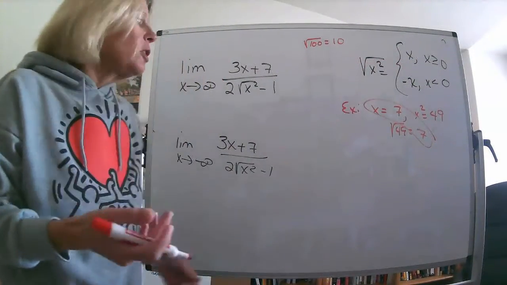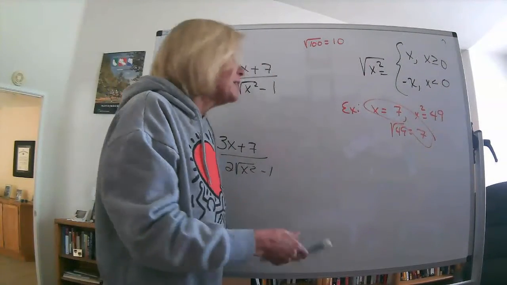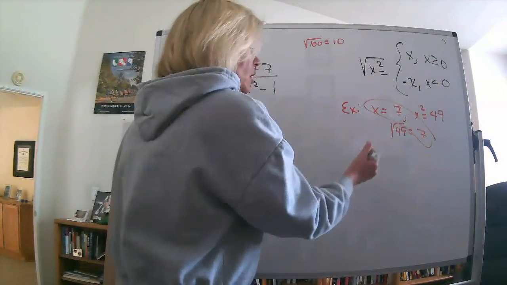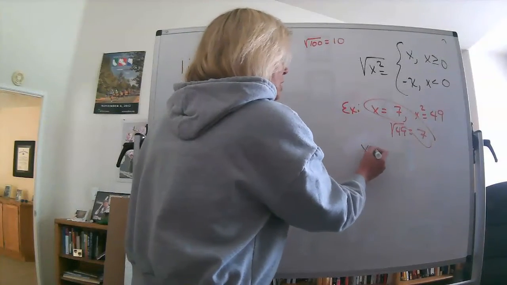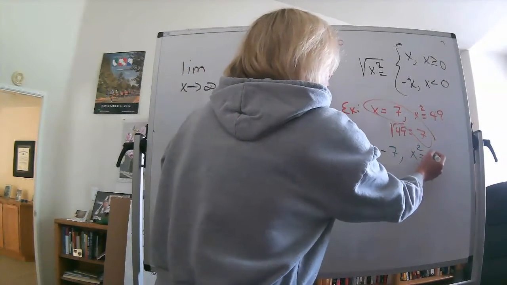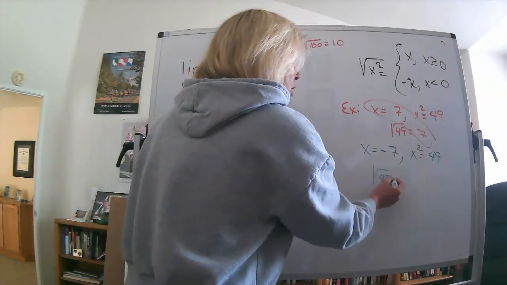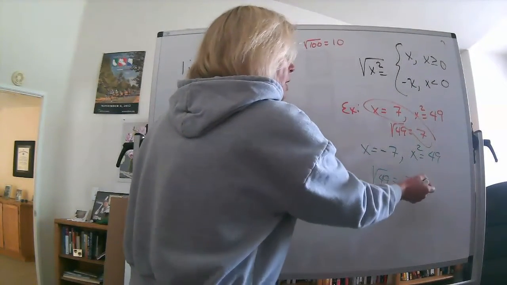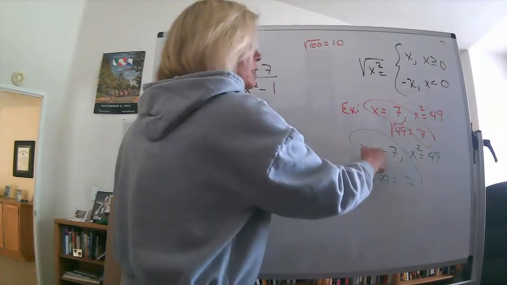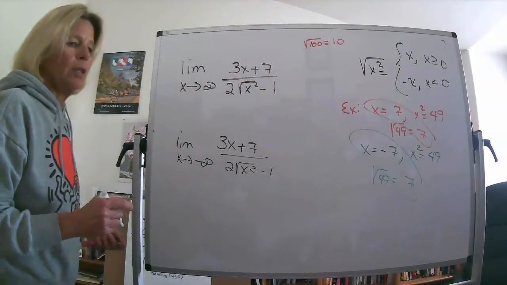So nothing actually changes. Now, let's say instead I started with x equals -7. Well, x squared is still positive 49, and the square root of 49 is still 7, but I can see that it's the opposite of what I started off with.